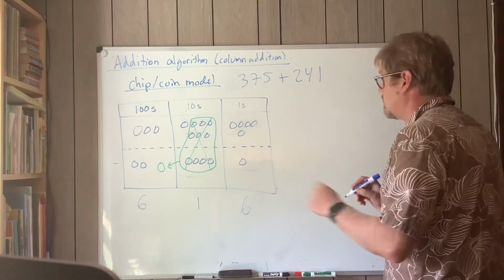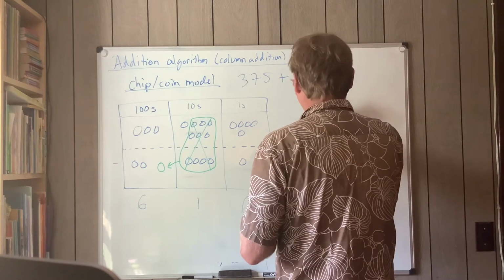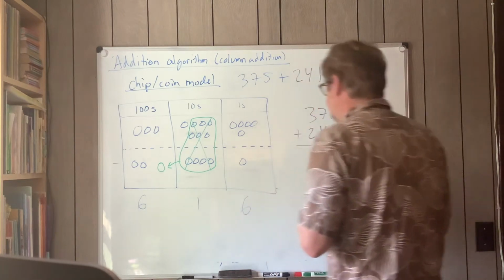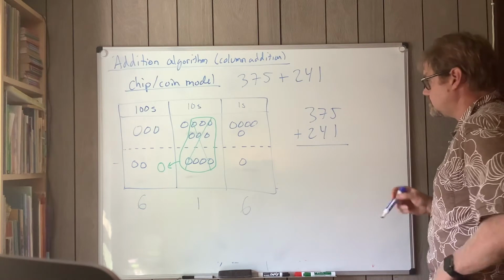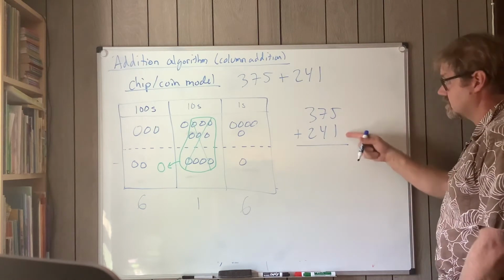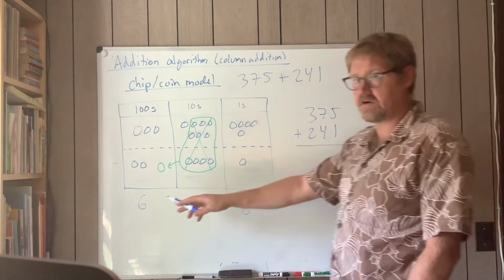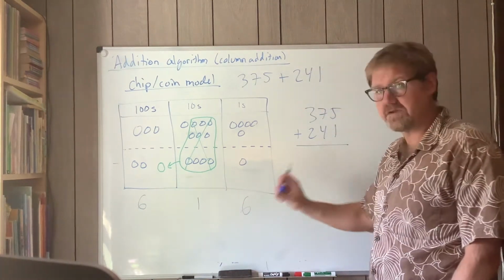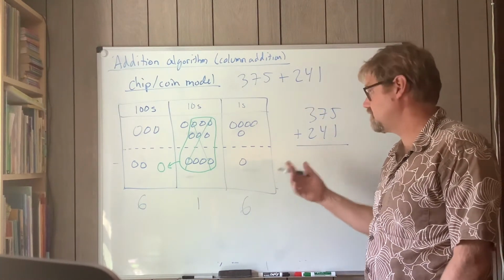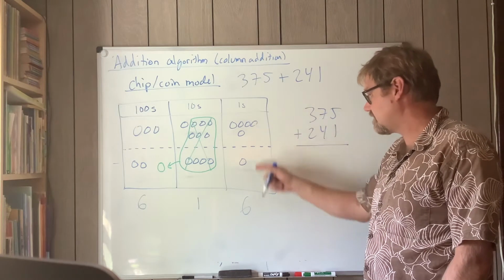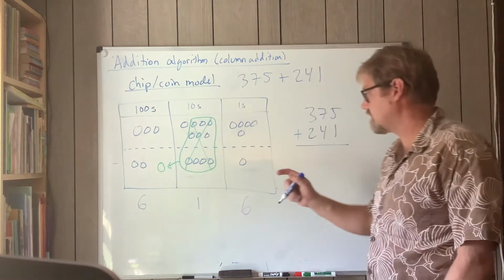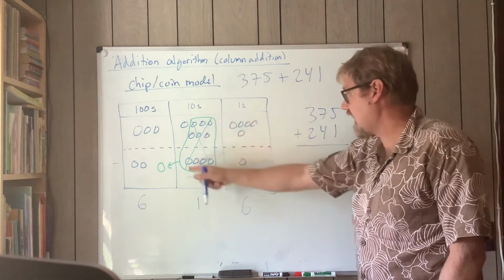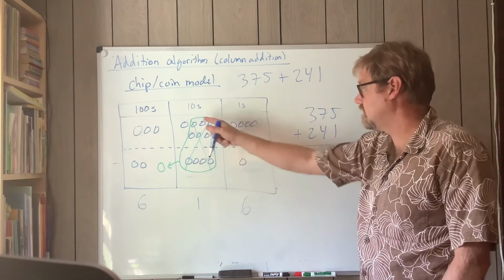Okay, now let's look at the column algorithm. So again, column, and just like we did here, not completely required, but you can imagine that it's useful this way, right? I start at the ones and I go right to left. And the only requirement is if I have too many, I need to do this.